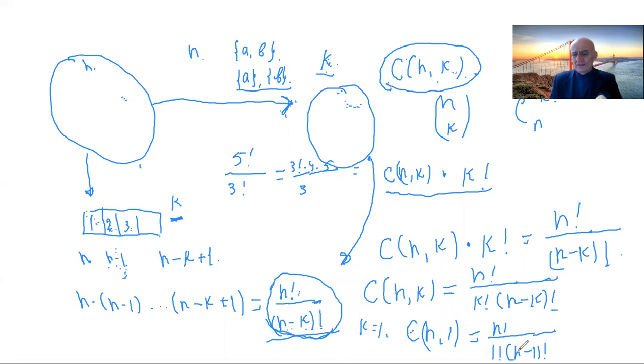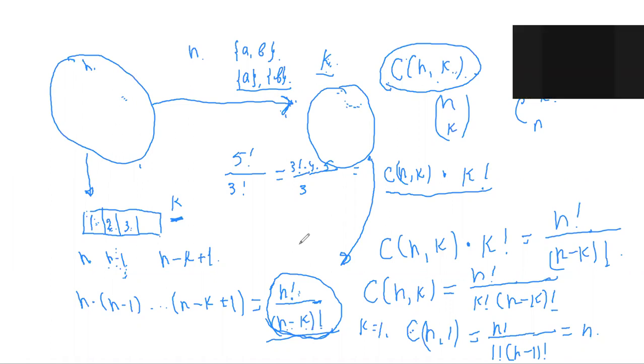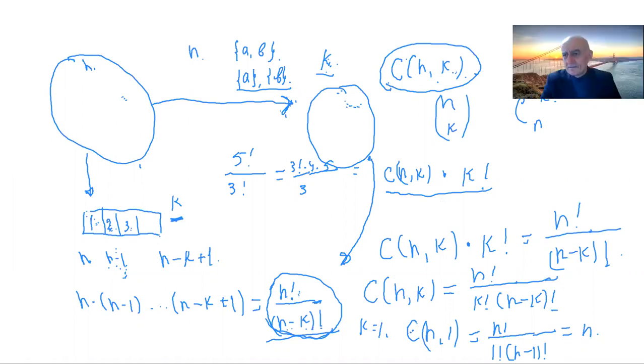N factorial divided by (n minus 1) factorial is n, because n factorial I can represent as (n minus 1) factorial times n. Any questions so far? No.